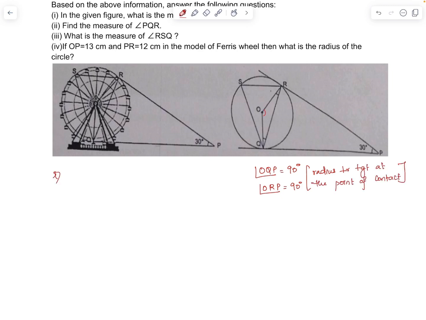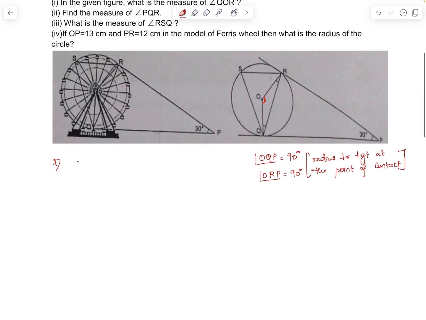Now that we have to find the measure of angle QOR, let's consider the quadrilateral QORP. By the angle sum property, angle OQP plus angle QPR plus angle ORP plus angle QOR is 360.